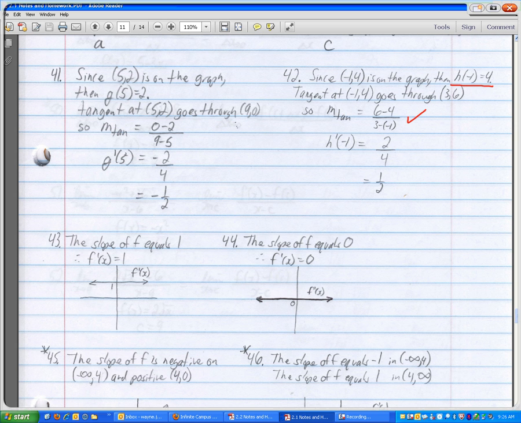Since the point of tangency is negative 1, 4, finding the slope of the tangent line means we're finding the derivative when x equals negative 1. What's the notation to mean derivative when x equals negative 1? H prime of negative 1. So all we got to do is finish the slope formula, and we have found h prime of negative 1.